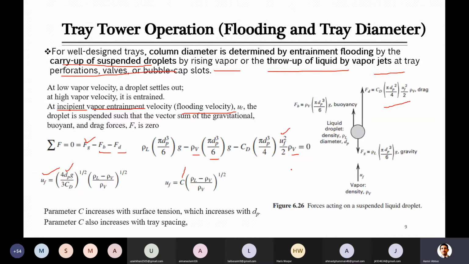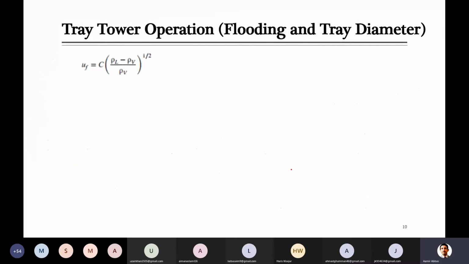It was observed by a number of scientists who performed experiments under various conditions of the column, such as tray spacing and tray diameter, as well as working with various liquids of different surface tension. An empirical relationship was developed for calculation of C, and it was found that it is dependent on a number of factors.